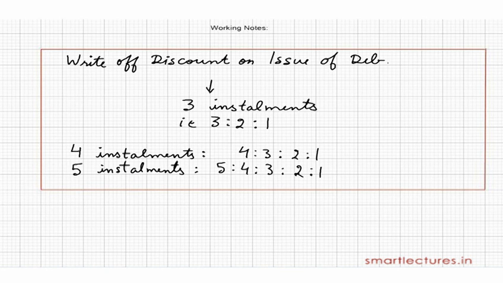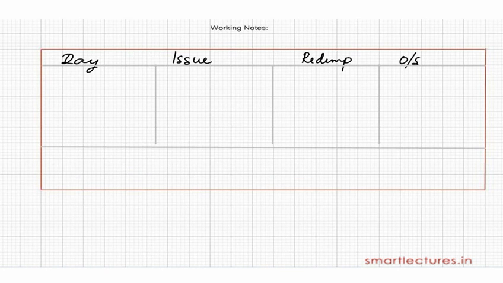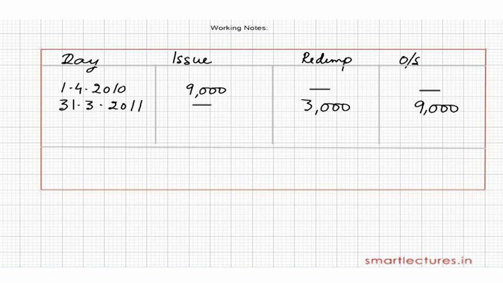Let's create a table with 4 columns: date, issue, redemption, and outstanding debentures. On 1st April 2010, debentures issued 9,000, redemption nothing, outstanding nothing. On 31st March 2011, issue nothing, redemption 3,000 debentures, and outstanding debentures 9,000, meaning 9,000 debentures before this redemption on that date.